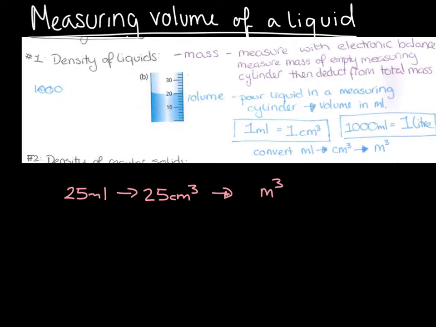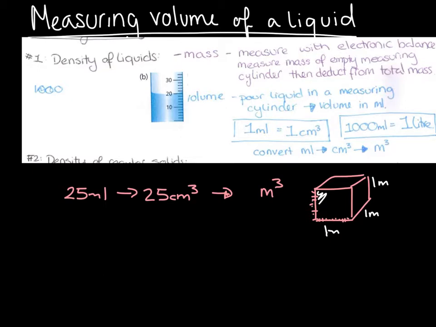Now this takes a little bit of careful thought, because if you imagine that you had a cube that was 1 metre by 1 metre by 1 metre, and that side's 1 metre and that side is 1 metre, then if we imagine how many centimetres we've got across here, we've got 100 centimetres across here in this metre, and then 100 centimetres across here in this metre.